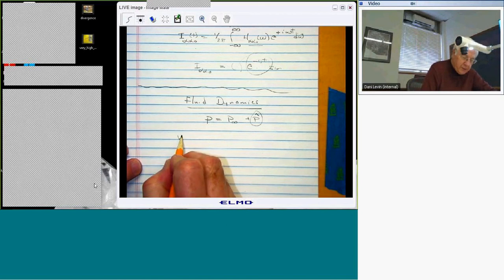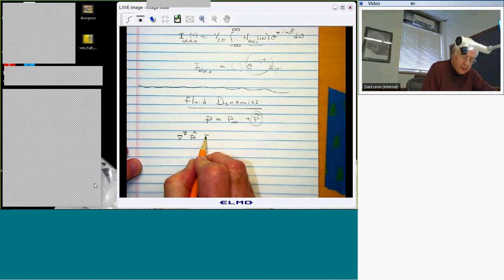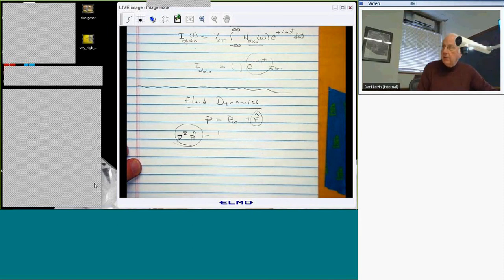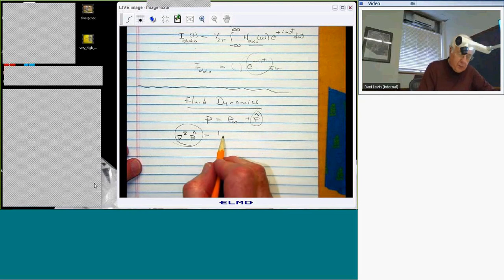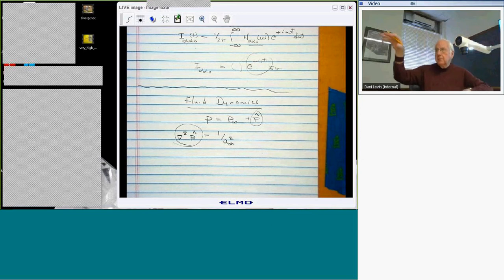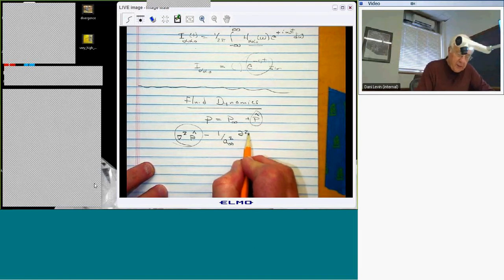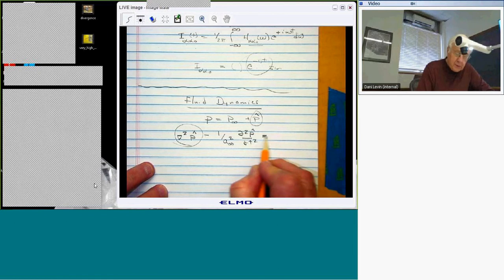The equation for the perturbation pressure is the following. It's the Laplacian acting on the pressure perturbation minus 1 over the speed of sound squared. This is the mean speed of sound, right? It's 343 meters per second at ambient conditions. Times the second time derivative of the pressure equals 0.